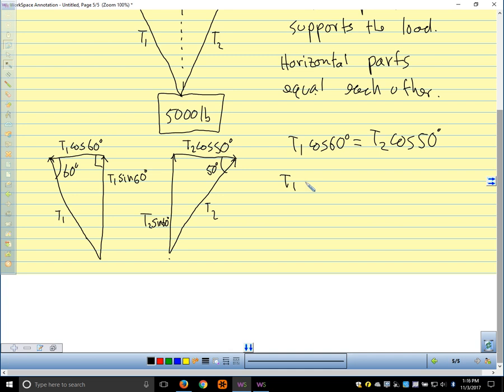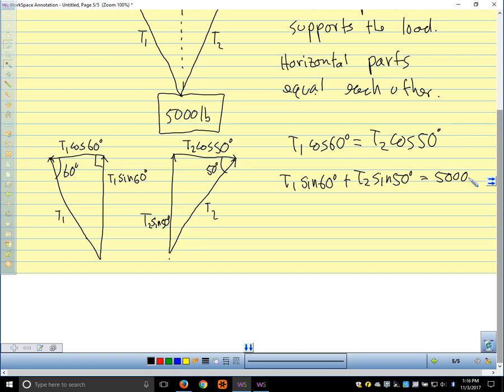So T1 sine 60 plus T2 sine, I keep getting my angles mixed up. This should be sine 50. There we go. That's good. And T2 sine 50 equals 5,000. Those vertical pieces added together are what's supporting the weight. Well, now we're going to plug some numbers in.